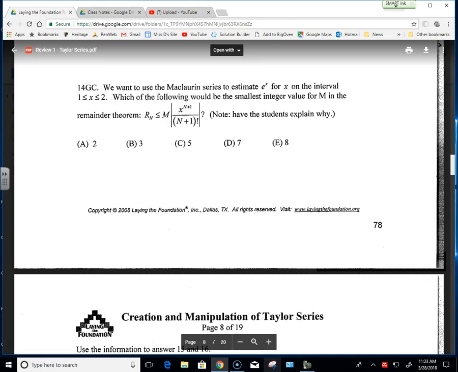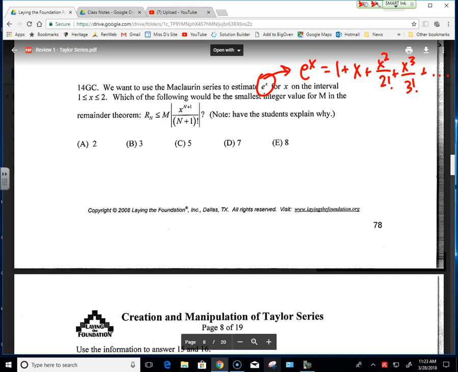Yeah, let's start there. What's the Maclaurin for e to the x? All right. Why don't you just go ahead and put it on top of the CalcBC?